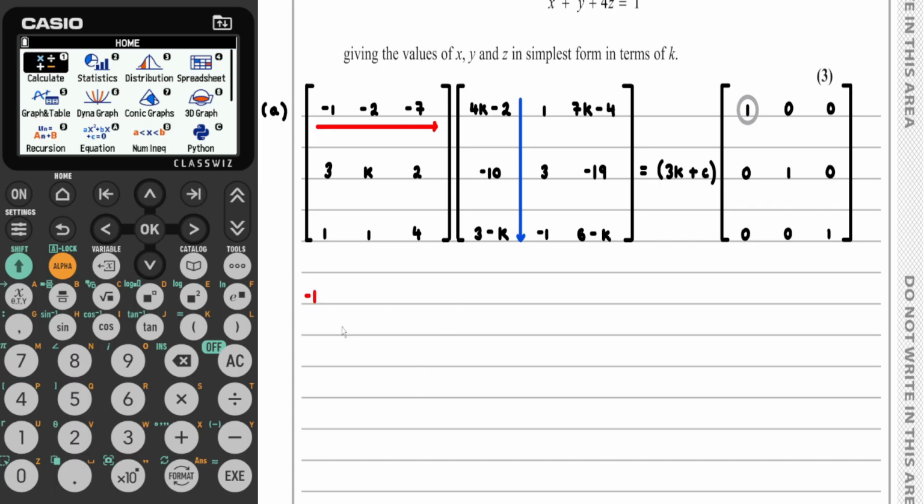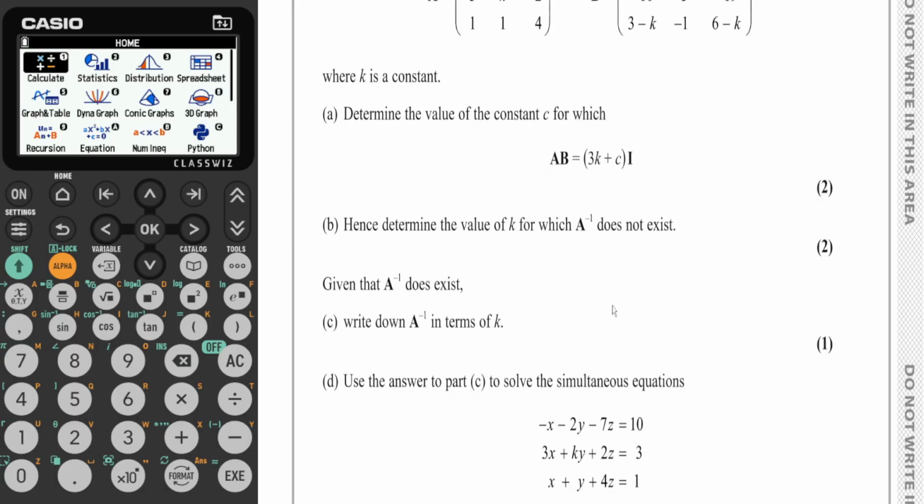So if we do that, we've got negative 1 multiplied by 4k subtract 2 plus negative 2 multiplied by 10 plus negative 7 multiplied by 3 subtract k, and this will equal 3k plus C multiplied by 1. So if we tidy this up, we end up with 3k plus 1 equals 3k plus C. And so comparing the number terms, we've got 1 on the left hand side, C on the right hand side, so C equals 1.